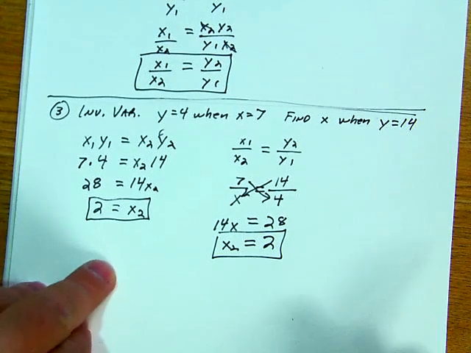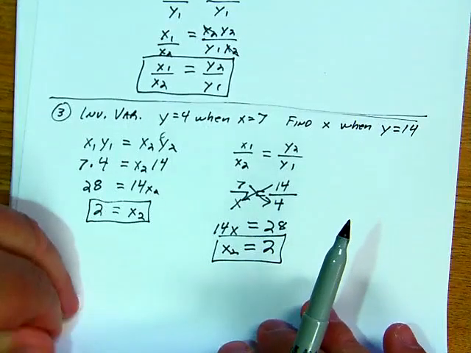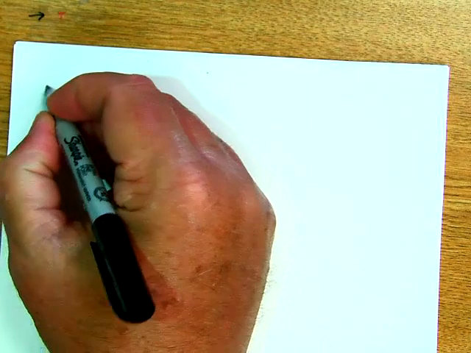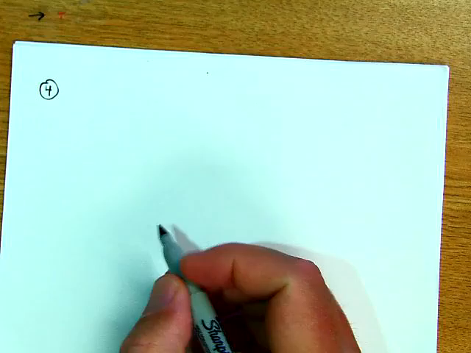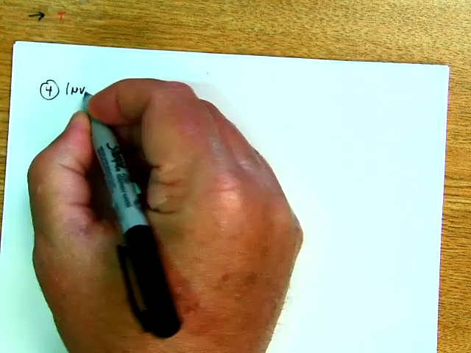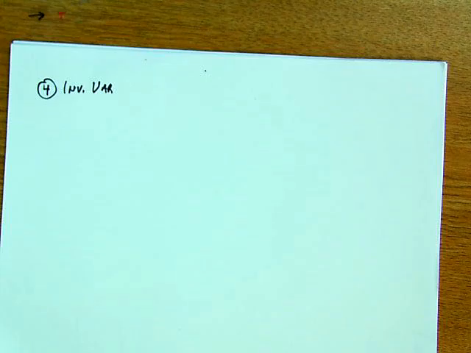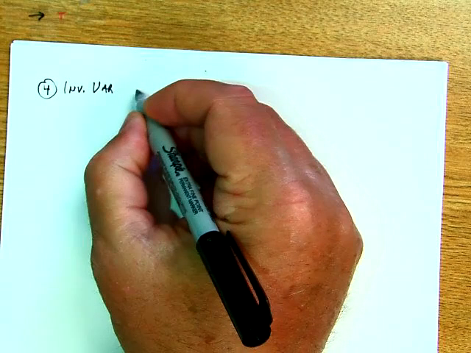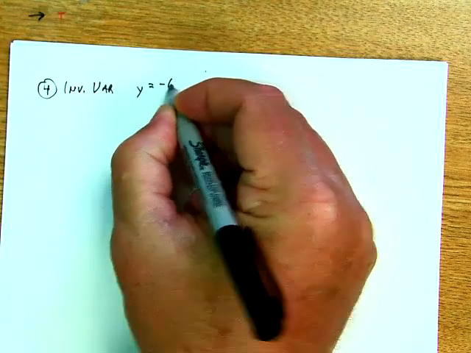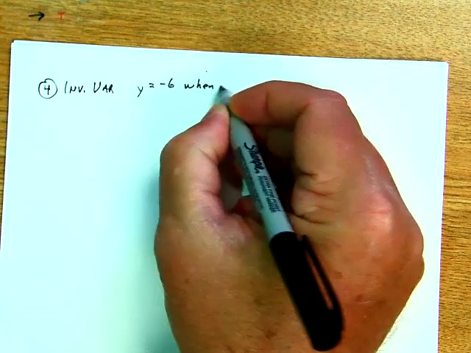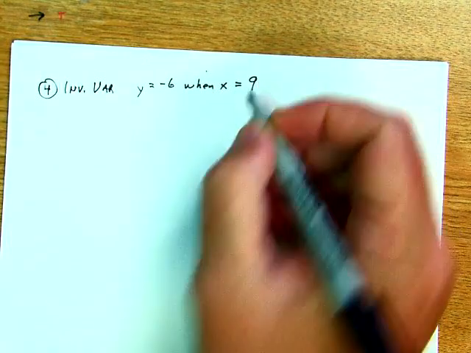Okay, let's take a look at example number 4. All right, example number 4, what do we have? We have another inverse variation. So we know that we have the formulas that we've talked about, product rule and all that. And it says y is equal to -6 when x is equal to 9.